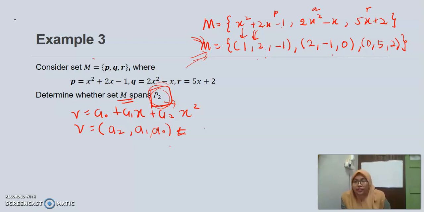Okay, we know that a linear combination, if we can write something like this, vector y equals c1 v1 plus c2 v2 plus up until cn vn. Okay, so for this one, this is my any vector a2 a1 a0.